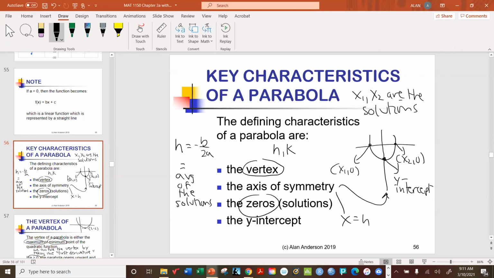And then the y-intercept is just the value of the function where x equals 0. So as long as you can do this part with the quadratic formula, the rest really just sort of falls right into place. So although it looks very formal and scary, this really is not very complicated at all.